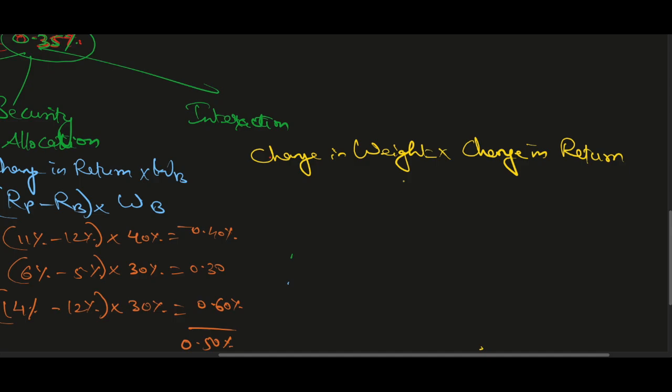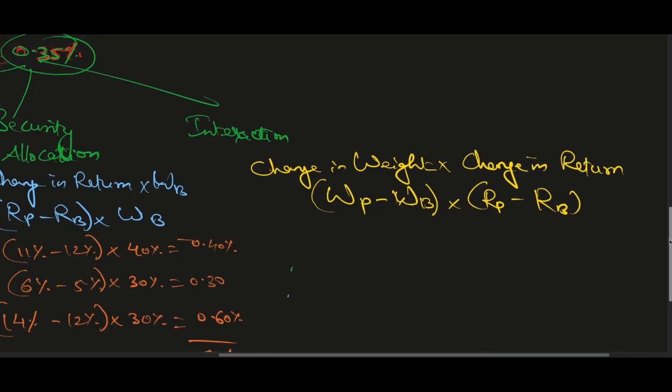So that means change in weight is weight of the portfolio minus weight of the benchmark, into change in return. Change in return is return of the portfolio minus return of the benchmark. So change in portfolio will be weight of the portfolio.